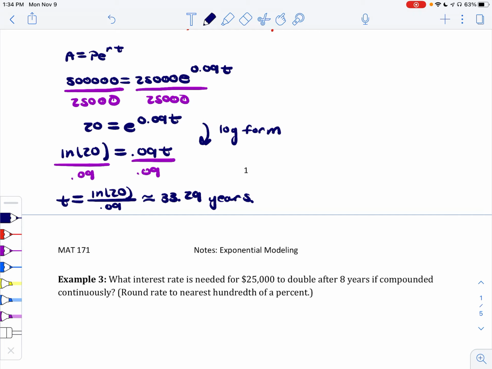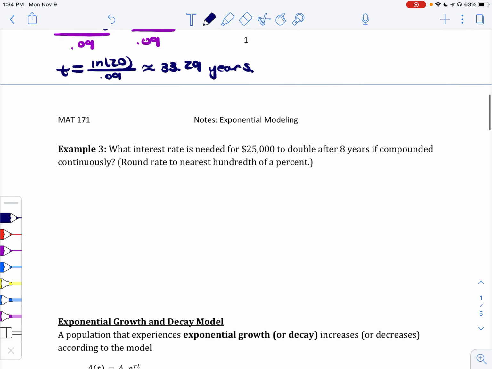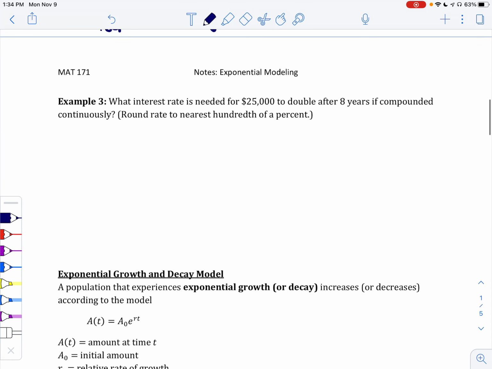All right, let's do one more with these finance equations. So this time we want to know what interest rate is needed for $25,000 to double after 8 years if compounded continuously.